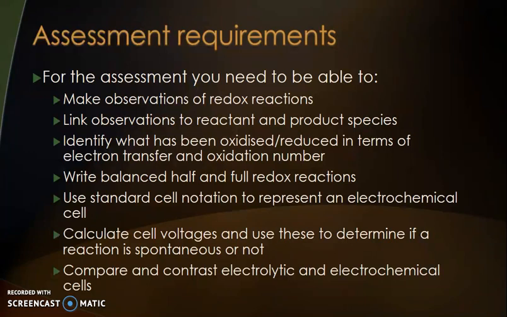Now, all of this takes place in the context of having some demonstrations to observe, and you get provided with your species colours and states, and with the standard reduction potentials. So you do not need to memorize either of those.